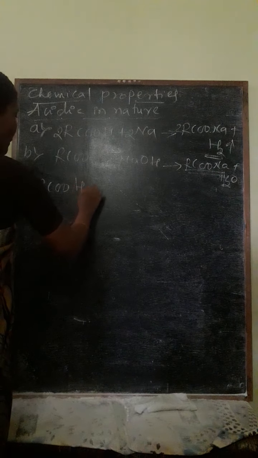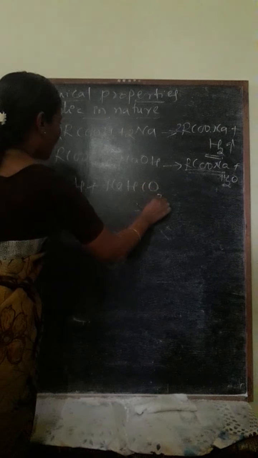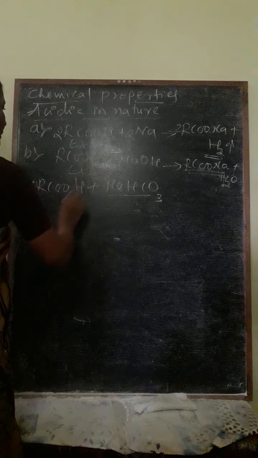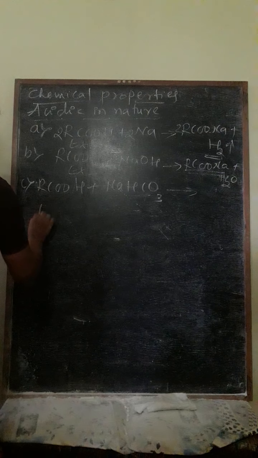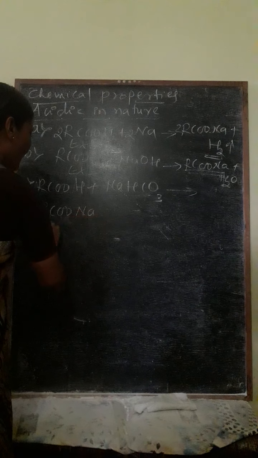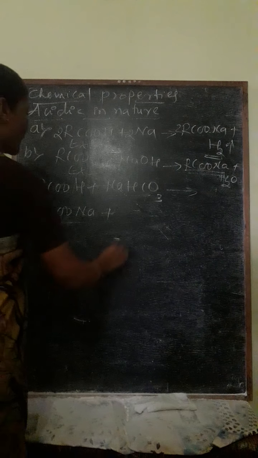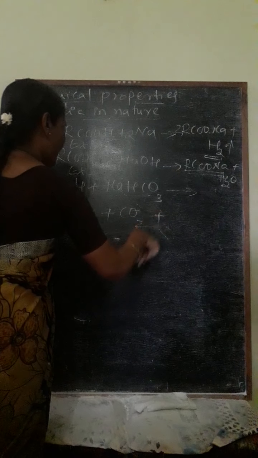RCOOH plus NaHCO3. This is sodium bicarbonate. You have to take this for each example. What happens here? Definitely there is a formation of RCOONa, sodium carboxylate, and CO2 is liberated.